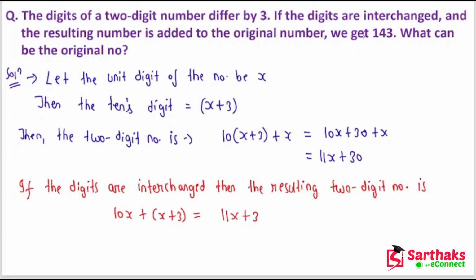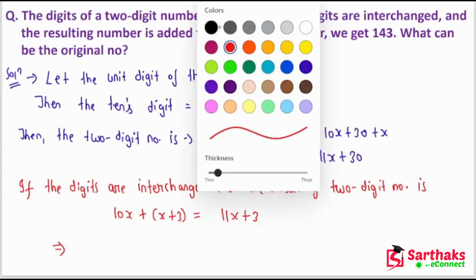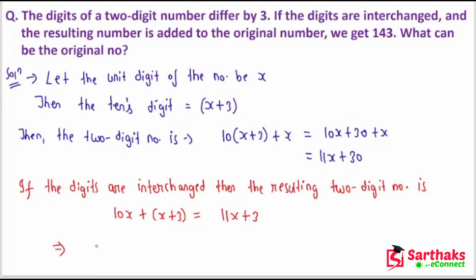Now the question simply says that the sum of this number and this number is 143. So according to the question, the sum of the original number, that is 11x plus 30, and the number we got by reversing the digits, that is 11x plus 3, is 143, and we have to find the numbers. So let us solve the equation.